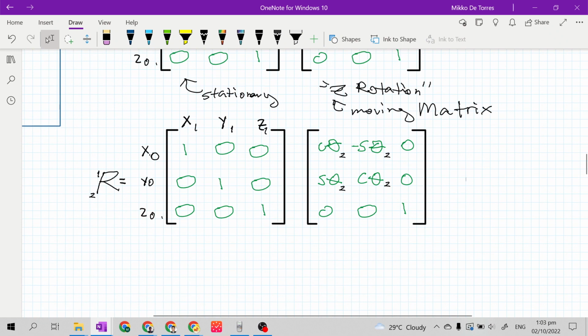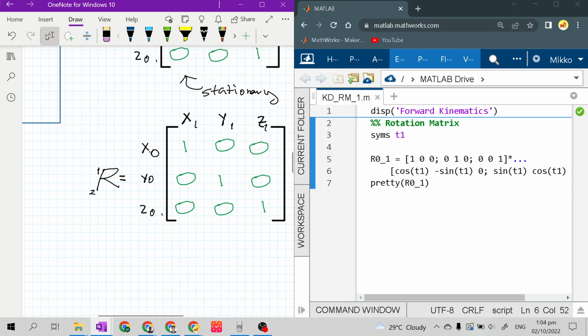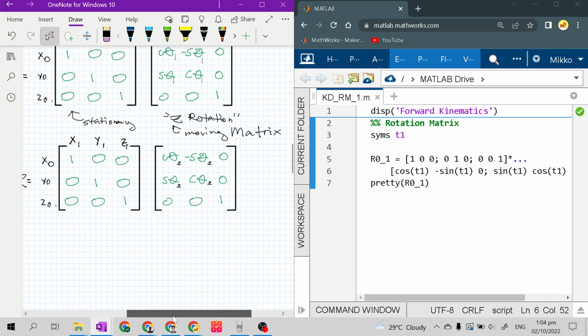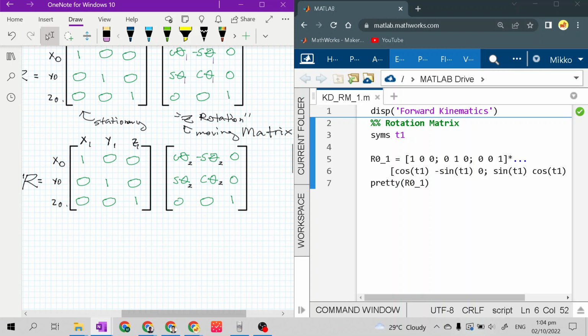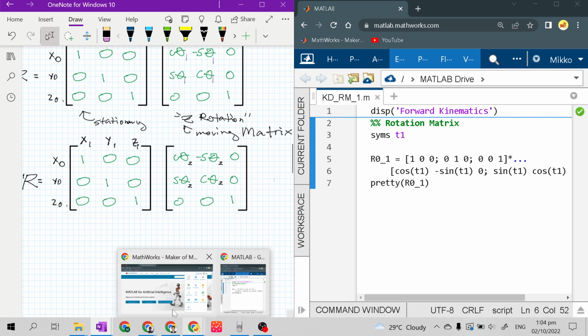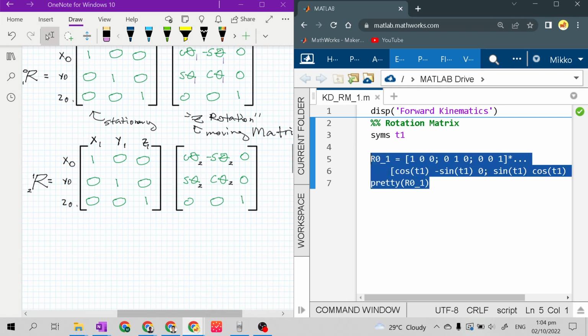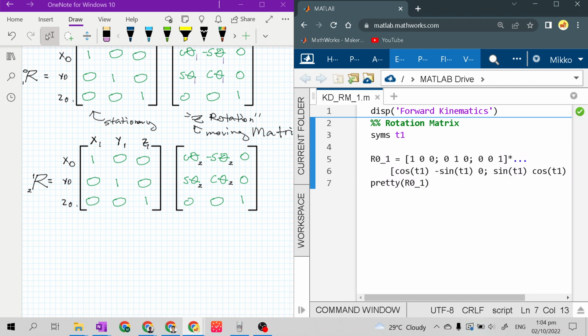Now let's go back to our Matlab. Because R01 is the same as R12, I can Control C and Control V this.